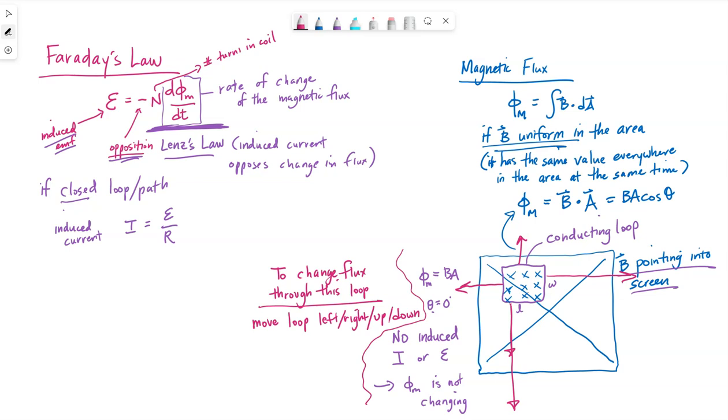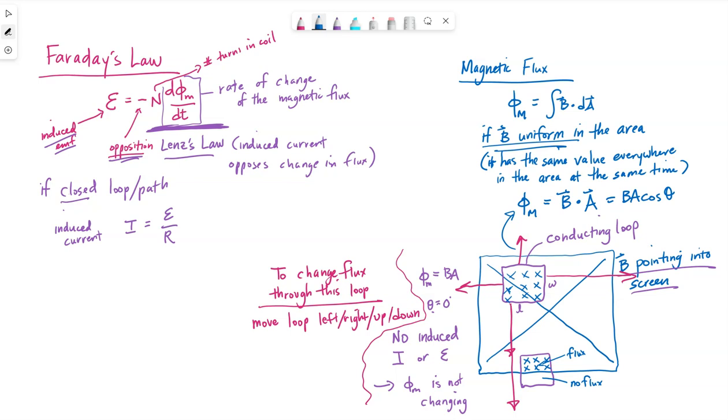So even though the magnetic field is there, if we pulled our loop down, I just chose down because I have room to draw a picture, part of this loop still has flux, but the portion that is leaving has no flux because there's no magnetic field outside of that region.